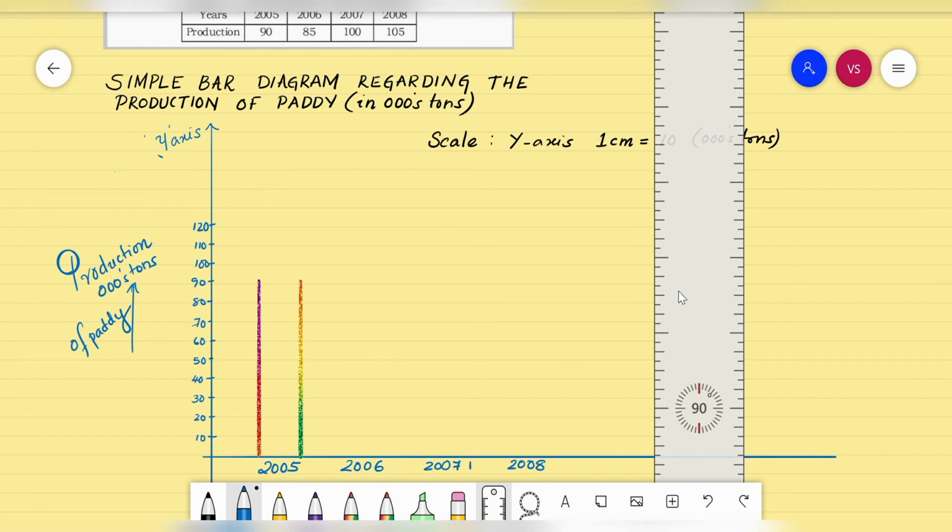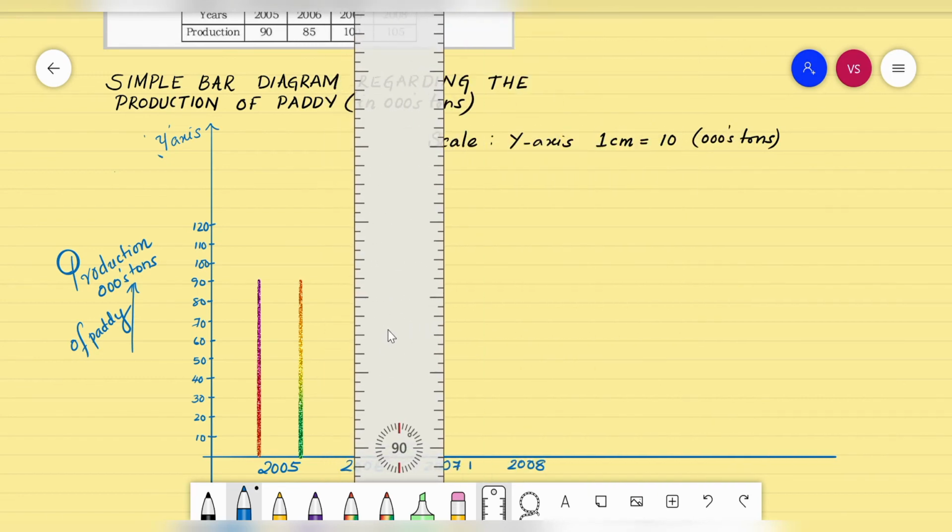Okay, right. So what is the 2006 measurement? They said it is 85. So I will take 85. This is 80, students, and this is 85, somewhere here.